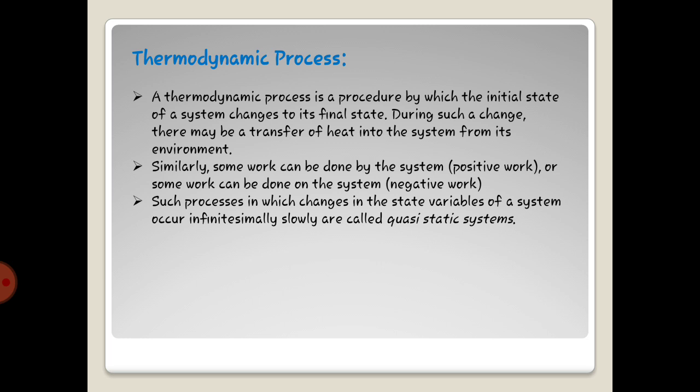When some process happens, what is its effect on the system? The basic thing is that the initial state of the system can change to the final state. Suppose we are considering a subsystem having pressure P, and it changes to P3.